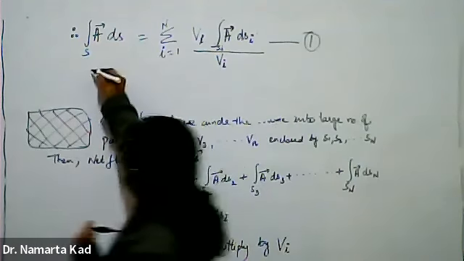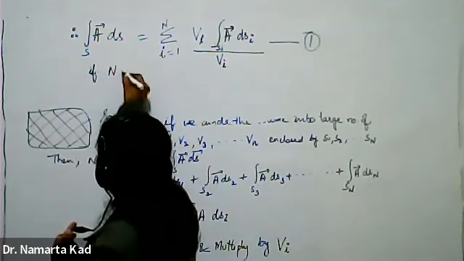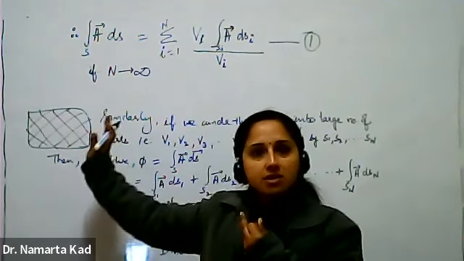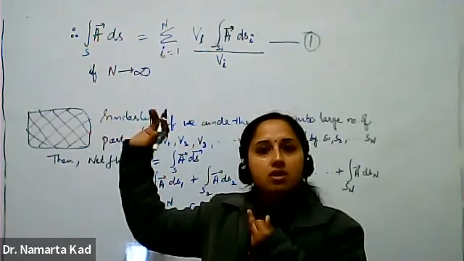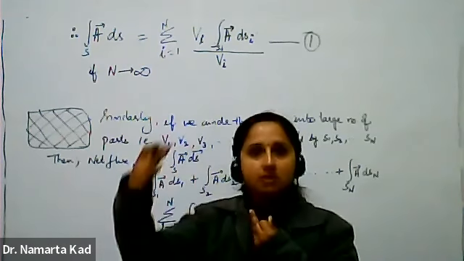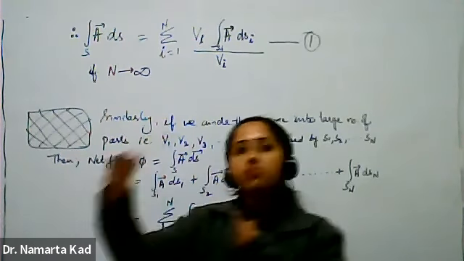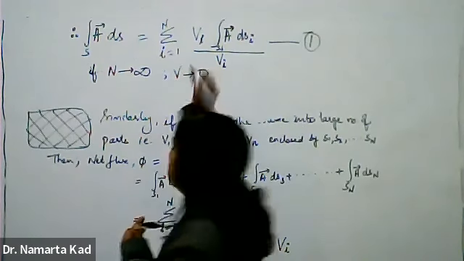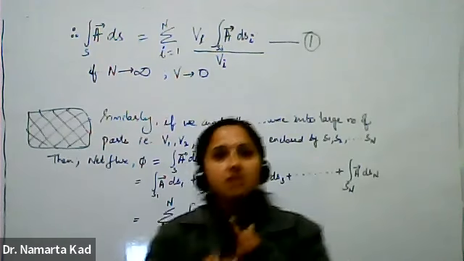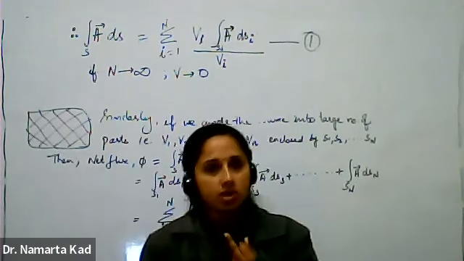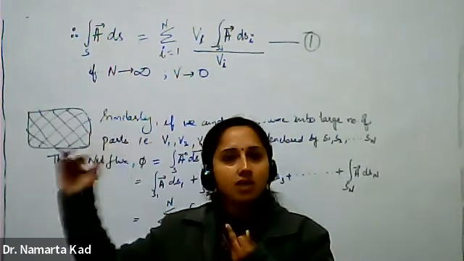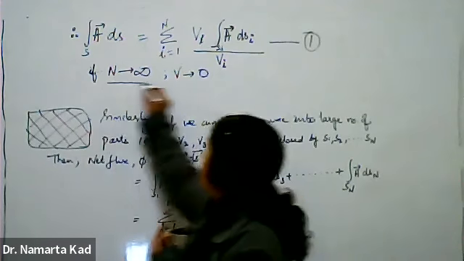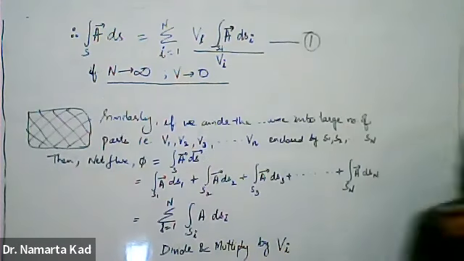If n tends to infinity, meaning the number of volumes is increasing, then as parts increase, the size of the volume reduces, so v tends to 0.